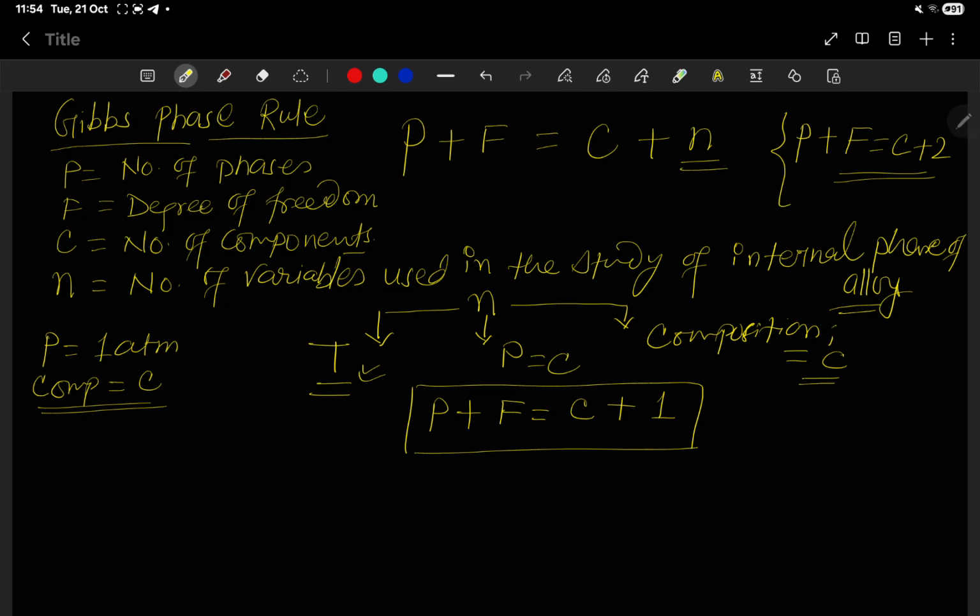Now let's define F. F is our degree of freedom.